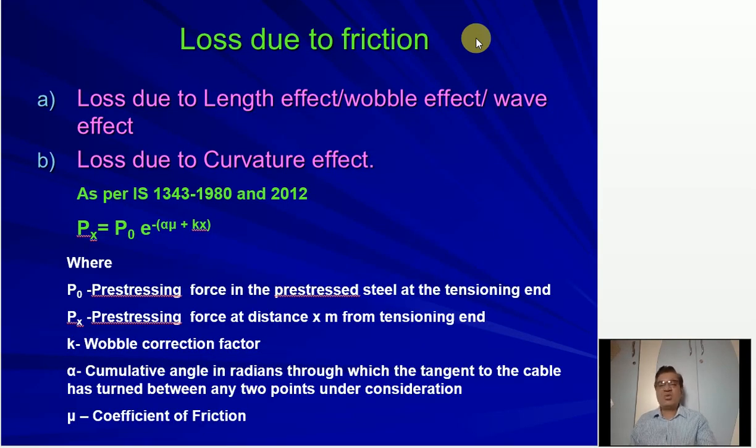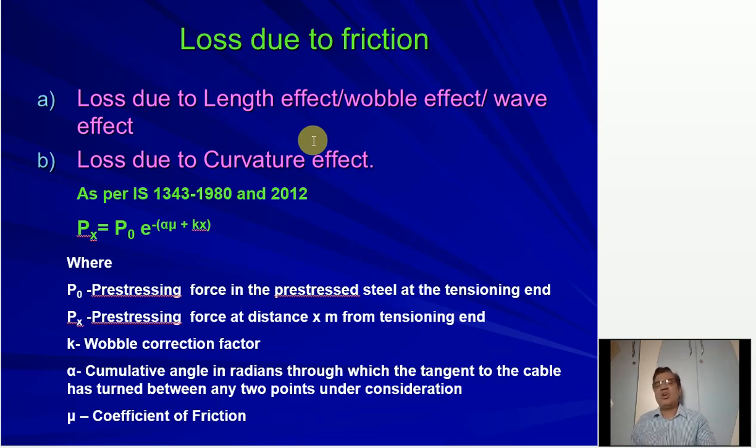So first one is loss due to friction. Now again, the loss due to friction is divided into two parts. The first one is loss due to length effect, also called wobble effect, also called wave effect. Length effect, wobble effect or wave effect means normally the cables which are provided are moderately straight or straight cables. During the concreting, the alignment of the ducts gets misaligned.